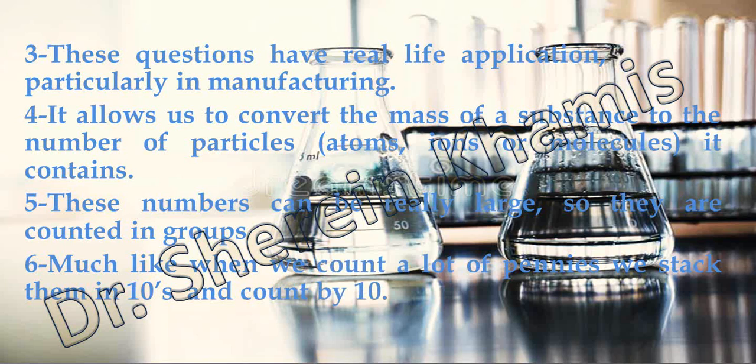The last point that stoichiometry gives us is much like when we count a lot of pens, we stack them in tens and count by tens. We say we have groups of tens or groups of 12s.